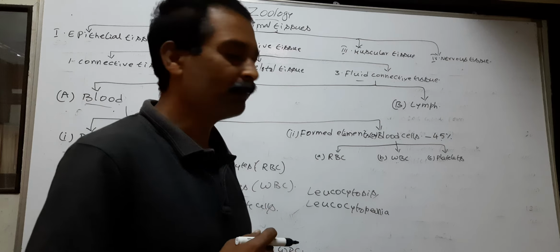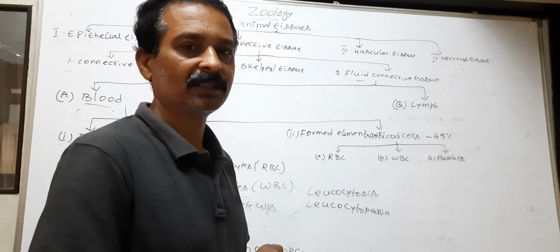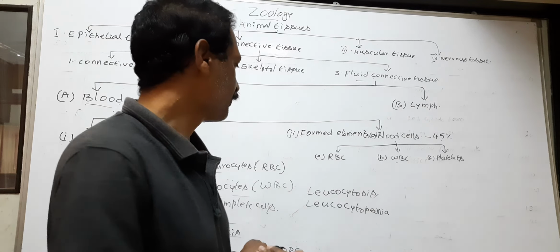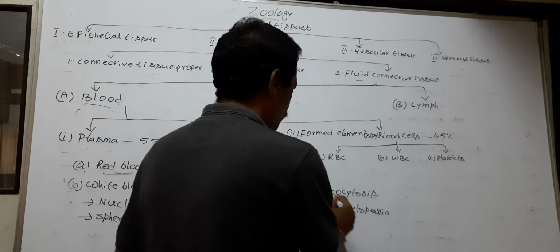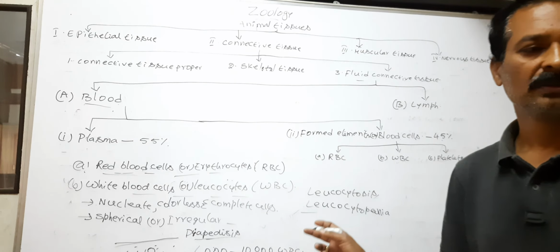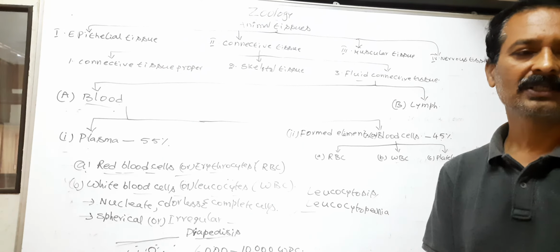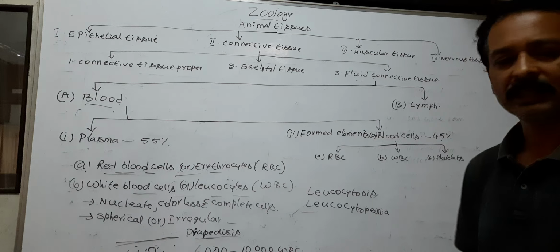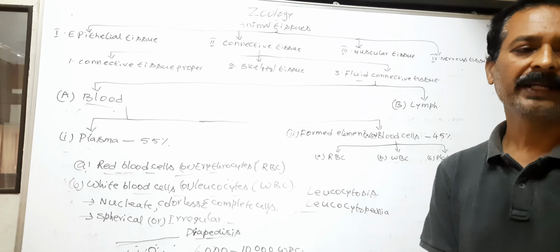Decrease in the number of WBC is called leukocytopenia. Next, WBC are of two main types.